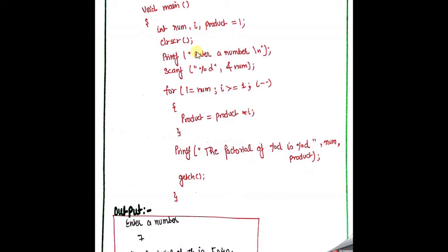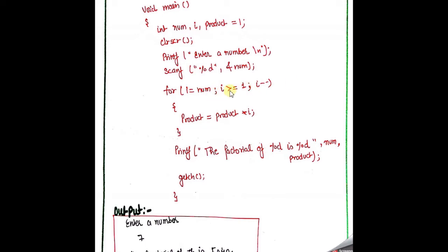Okay, so first of all I am going to accept the number from the user and store that value into the num variable. I am going to start our for loop with I equal to number. That means I take a variable I and store the number the user entered, and I check whether I is greater than or equal to 1.